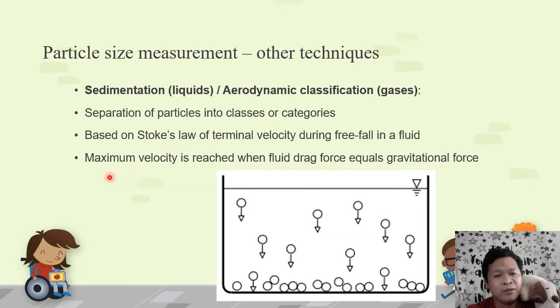And then, of course, that happens because eventually these particles, based on their density and particle size, would have a maximum velocity, which then causes the difference in the rates at which they settle or sediment.